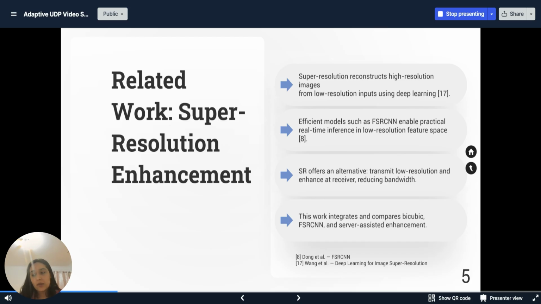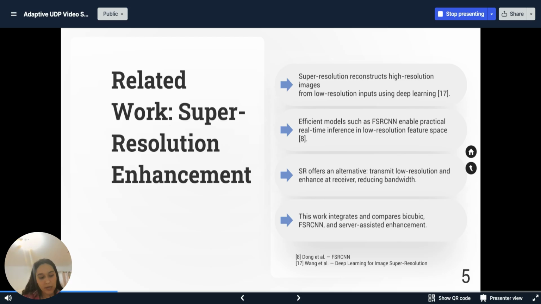We chose this one because it employs very practical real-time inference in the low resolution frame feature space. So we have this alternative to transmit low resolution, which would optimize our throughput and how we deal with a congested network, but also enhances the receiver experience.